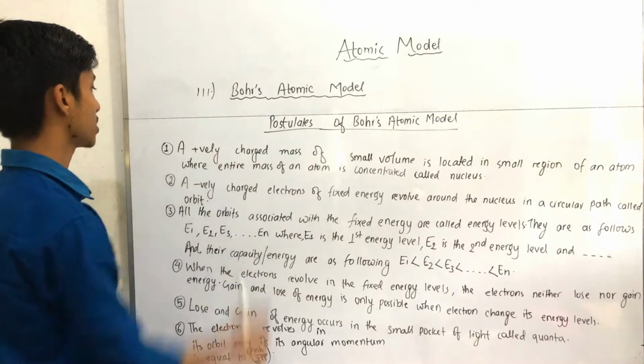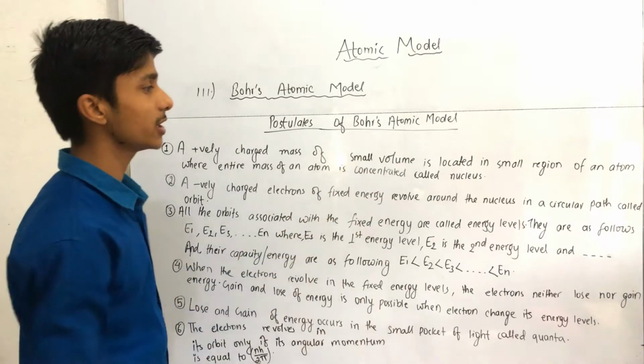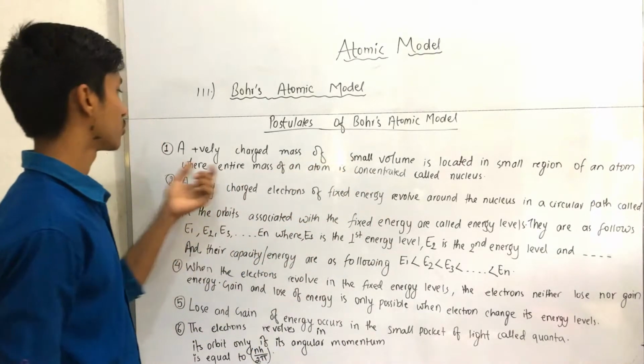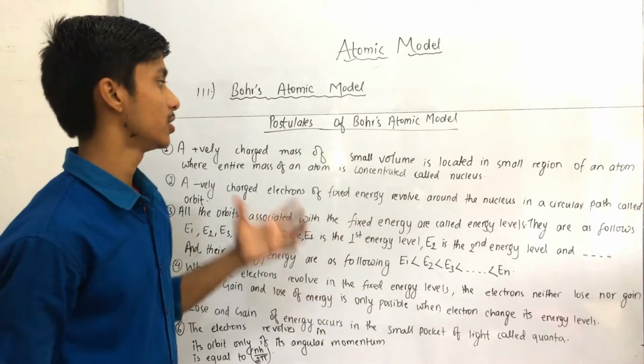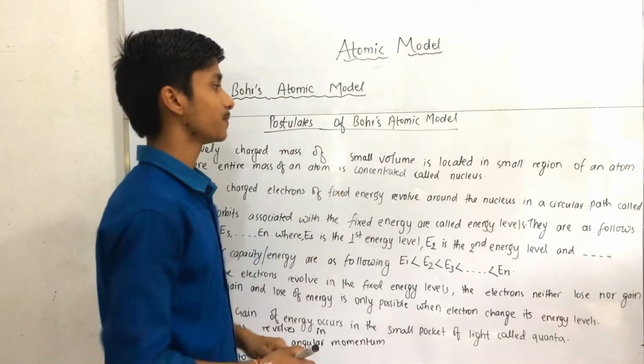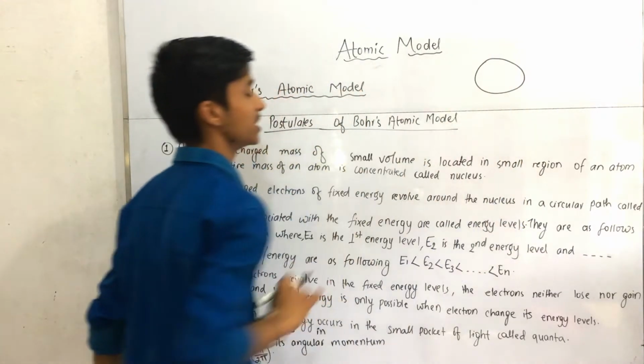First point: a positively charged mass of small volume is located in a small region of an atom, where the entire mass of the atom is concentrated, called the nucleus. Suppose this is an atom.